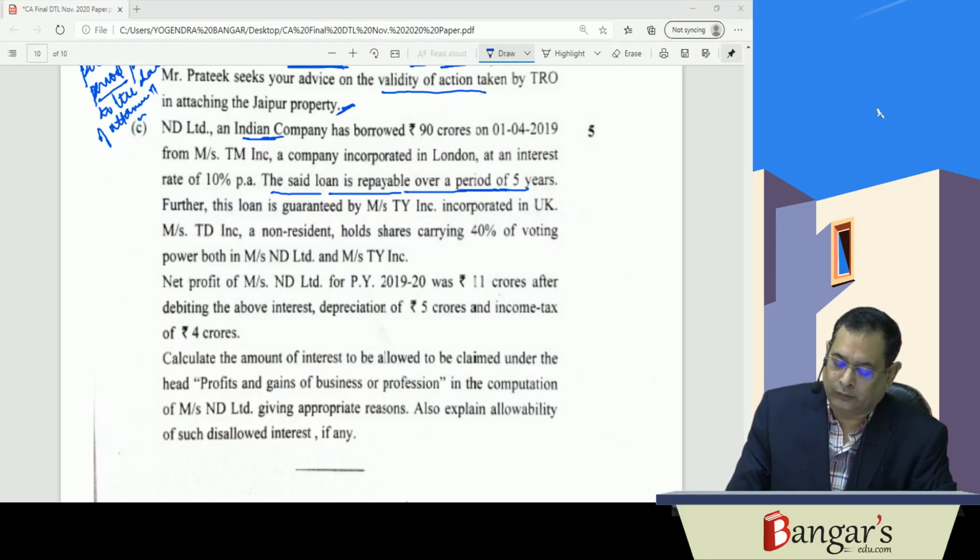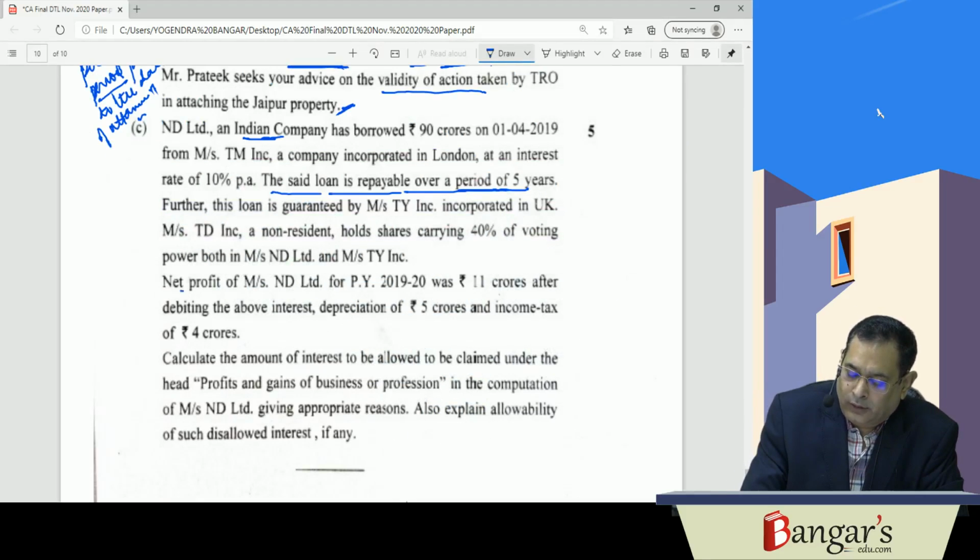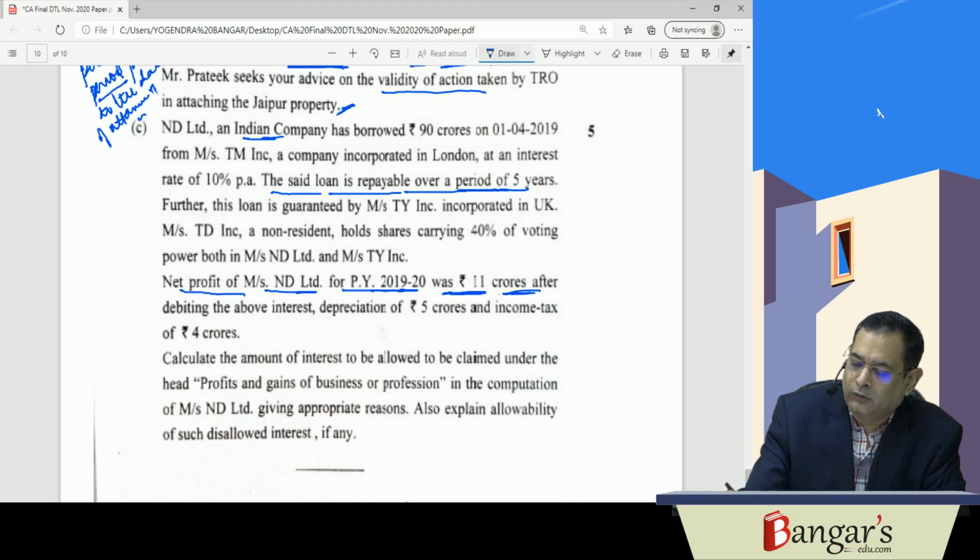Now what they are saying is, net profit of Measures ND Limited for previous year 19-20 was 11 crores after debiting the above interest. The interest works out to be 9 crores, depreciation 5 crores and income tax 4 crores.